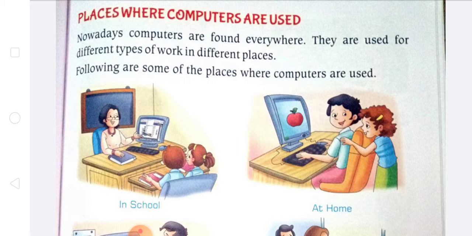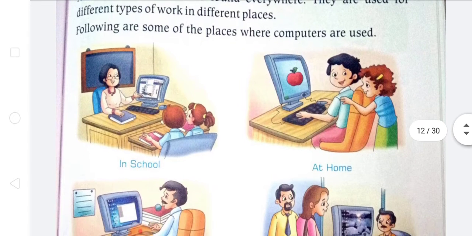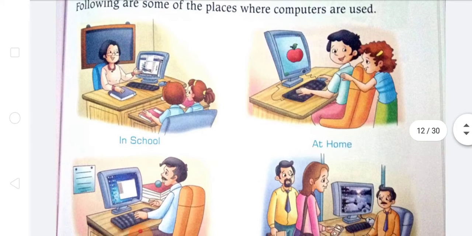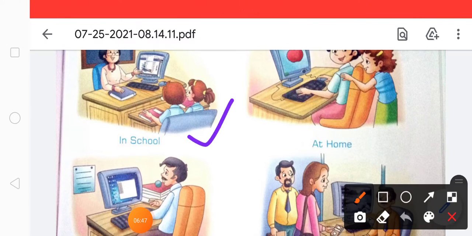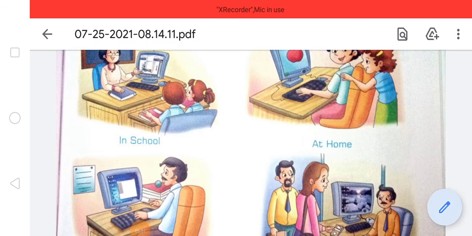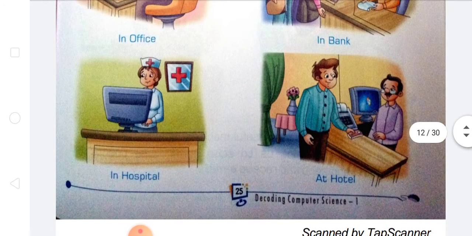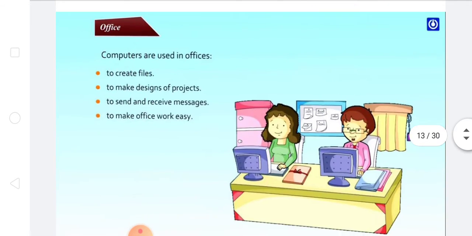So now we see some important places where computer is mainly used for different works, okay. In school students, so in school computer is used, at home computer is used, and in office computer is used, in bank computer is used, in hospital, in hotels, etc.